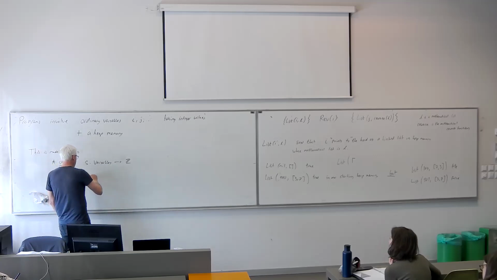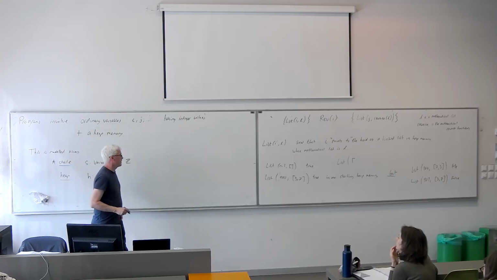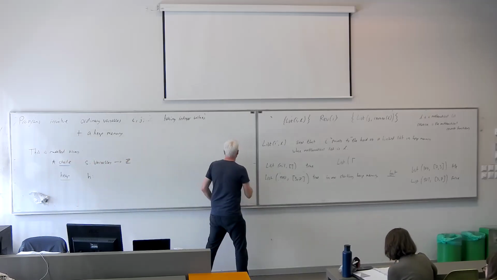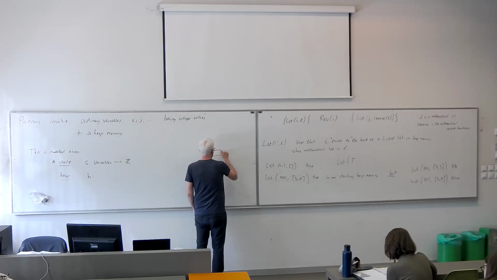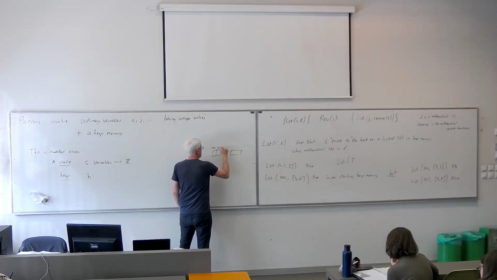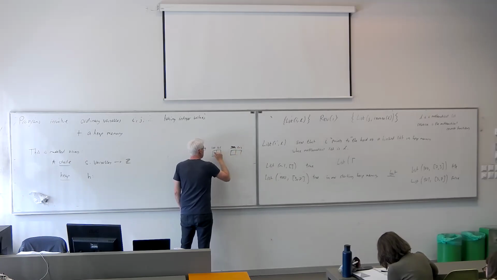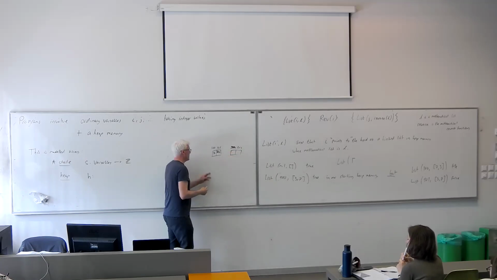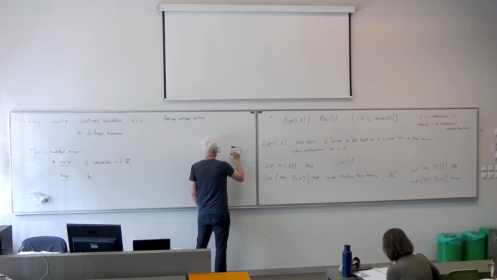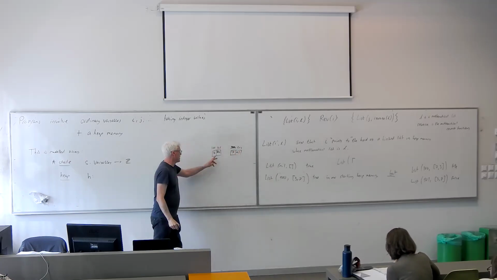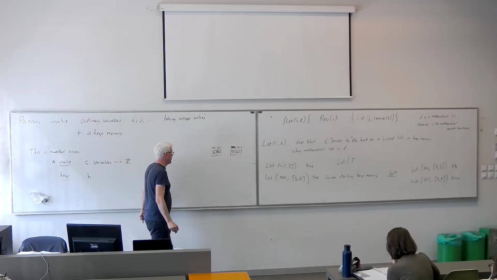where a heap, H, is the sort of thing I was drawing in boxes, like we had before. So a heap involves pointers. A heap has addresses in memory, and the addresses in memory contain numbers.